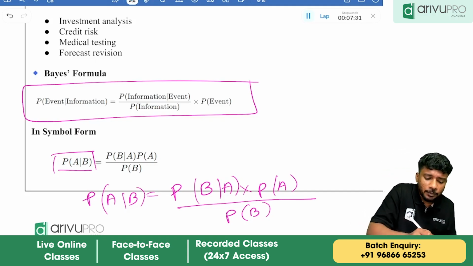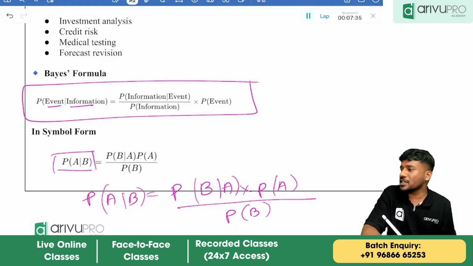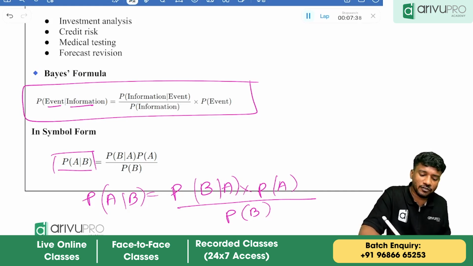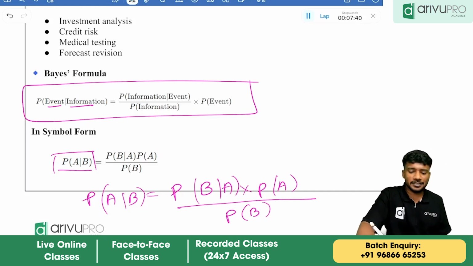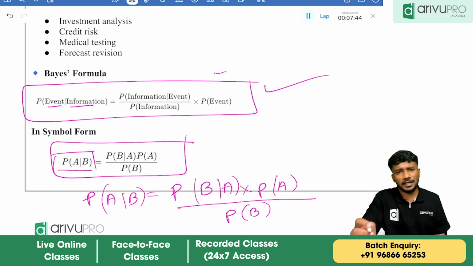P of event given information is P of information given event into P of event divided by P of information. This is the logical way of writing the formula, but we will usually see the formula like this.